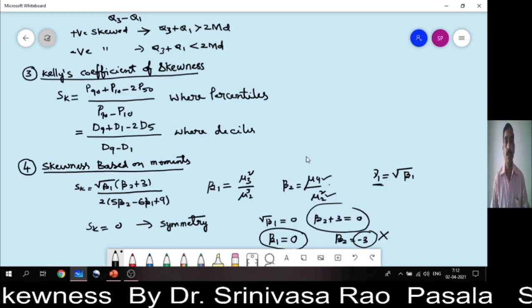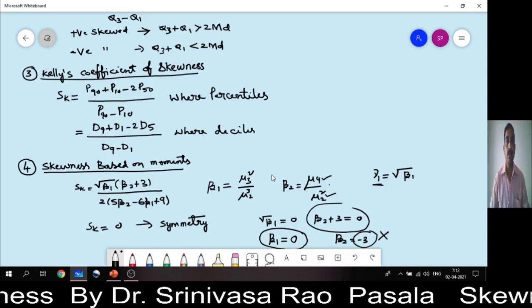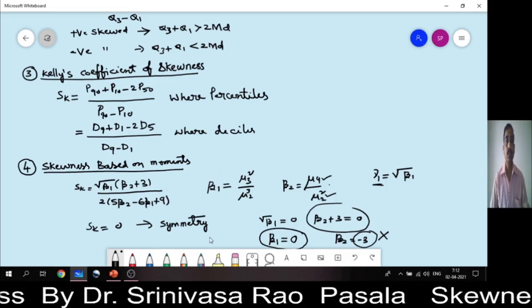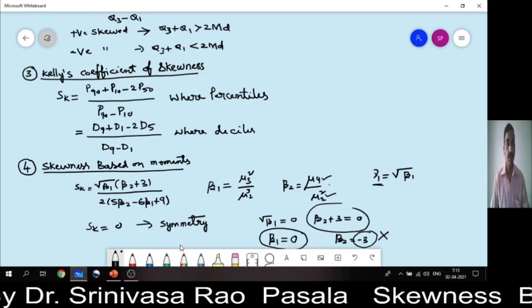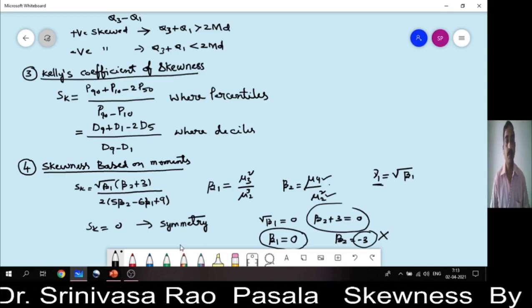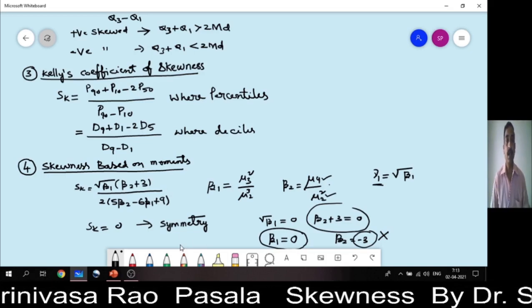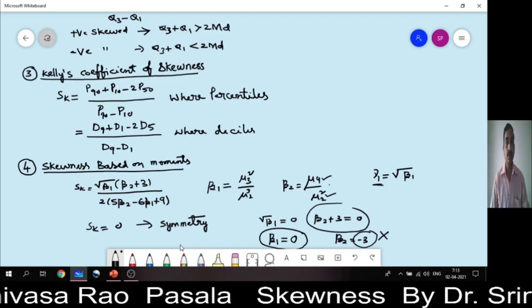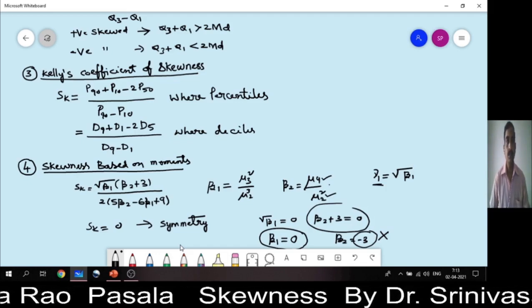If that assumption holds good, then that distribution is a symmetric distribution. That's why the measures of skewness play a vital role in statistics to know the nature and shape of the distribution.